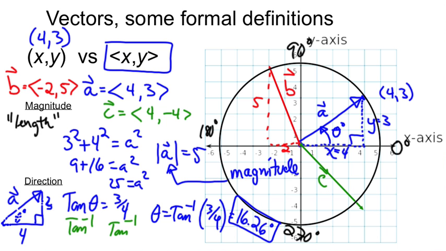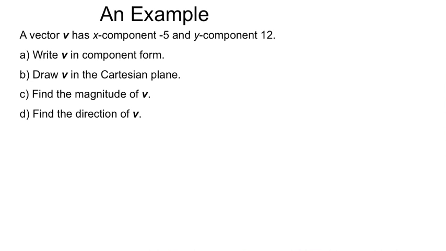So with that in mind, let's try a quick example problem. We have a vector v, which has an x component of -5 and a y component of 12. The first thing it says is to draw a picture. Let me just draw it, and I'll try to be as accurate as I can.